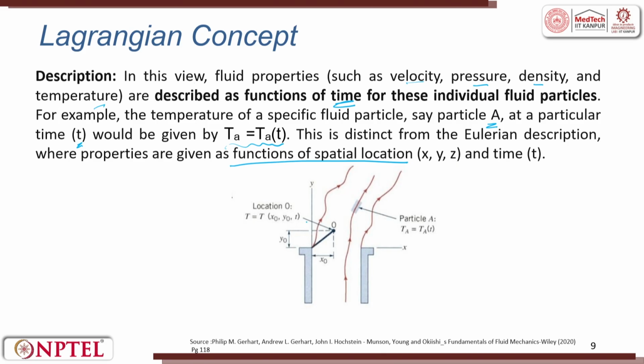You can see here this is the flow, this is the location at 0, then the time is defined. Here this is x, this is y. We are taking a 2D case, so there is no z, and you can see the particle is moving. The temperature of particle A can be defined with respect to time.